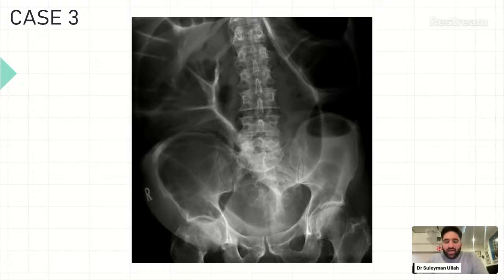Okay, so we're going to rattle through these next cases. Please tell me what you think of this abdominal X-ray.